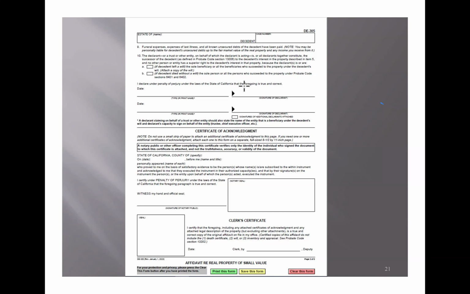But there has to be a notary acknowledgement done for each person signing. So if maybe there's 2 people but they can't be together when they're signing, you're going to need 2 copies of that page or a signature attachment that will have the notary acknowledgement.